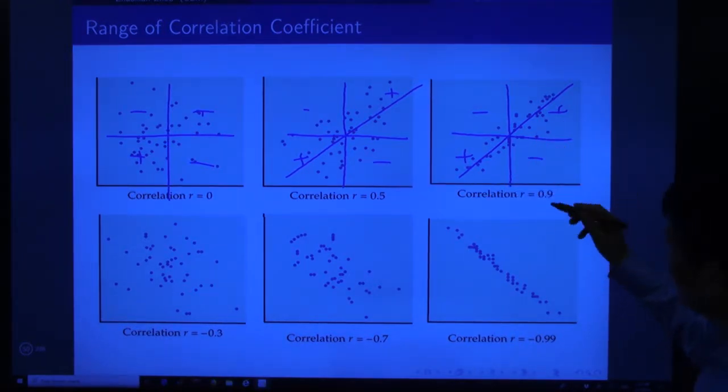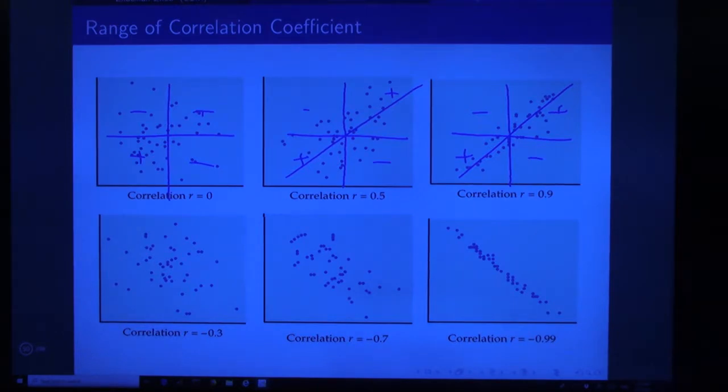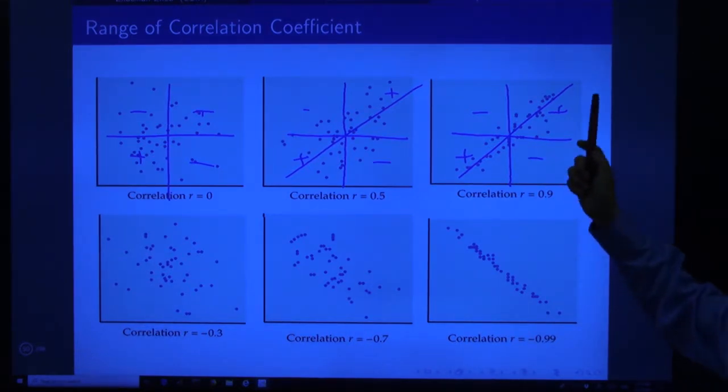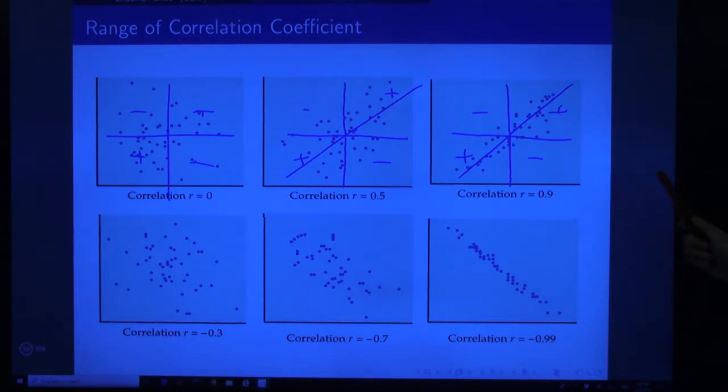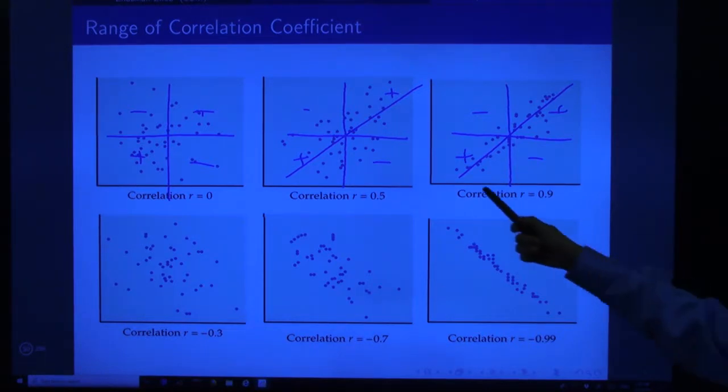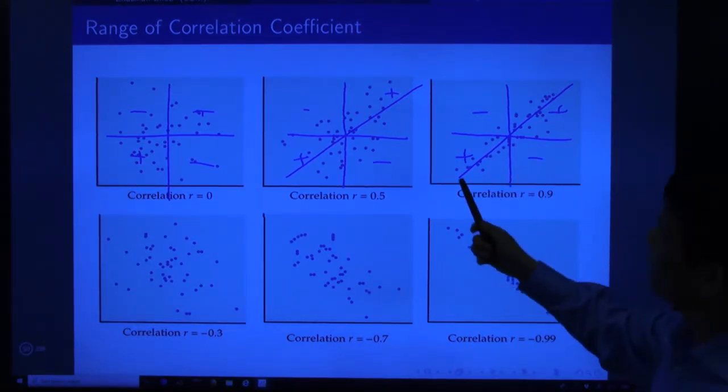Actually, in this example, r equals 0.9. The conclusion is that the x and y values here are strongly correlated and have a positive relationship. That means the larger the x, the larger the y.